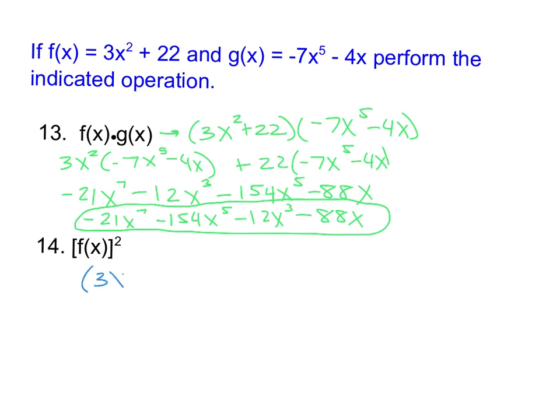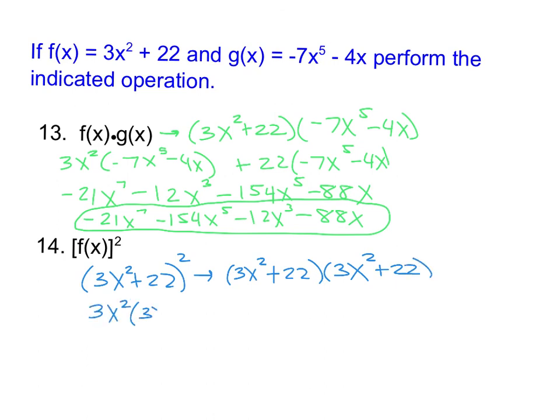All right, so squaring f of x. So that's 3x squared plus 22 squared. So that's 3x squared plus 22 times 3x squared plus 22. That's 3x squared times 3x squared plus 22. And 22 times 3x squared plus 22. Again, start with that, multiply the second parentheses, and then your 22.